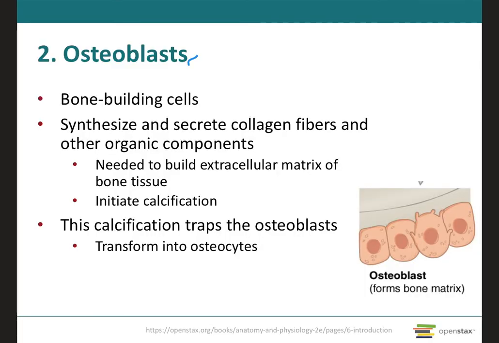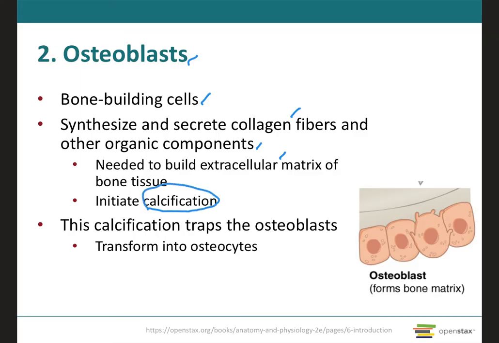Osteoblasts are bone-building cells. They will actually be the ones responsible for building the extracellular matrix. Therefore, they will synthesize and secrete collagen fibers and also other organic components that are needed to build this extracellular matrix of the bone tissue. And if they are the ones responsible for depositing the matrix, they will be the ones responsible for the initiation of calcification.